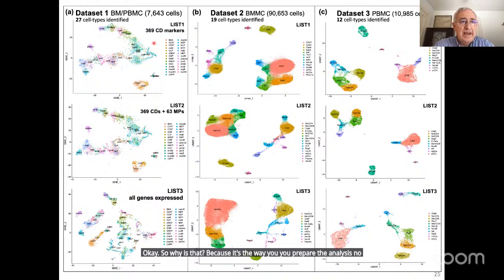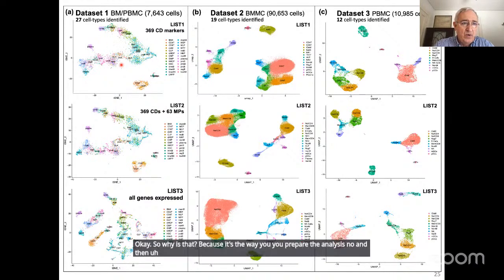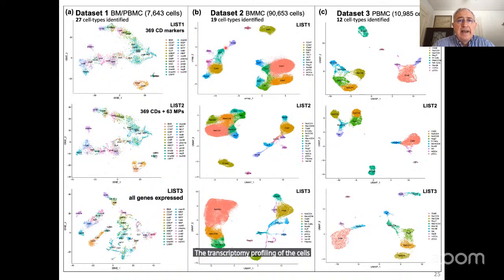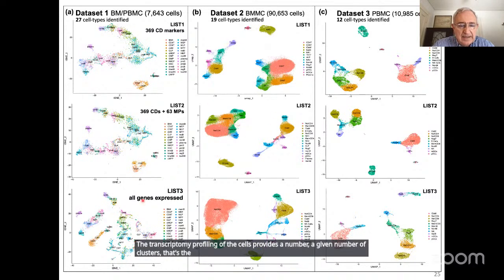And also when you put the data on this human plot, the transcriptomic profiling of the cells provides a given number of clusters, automatic clusters, that are in theory corresponding to different cell populations.